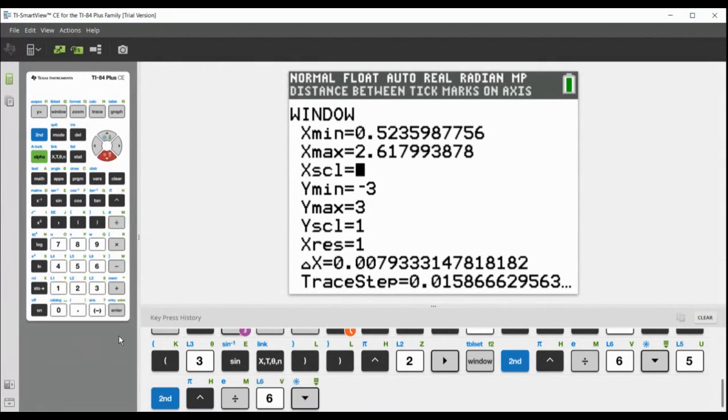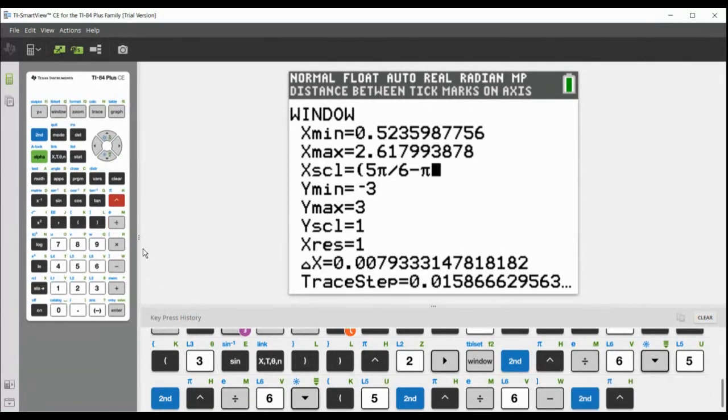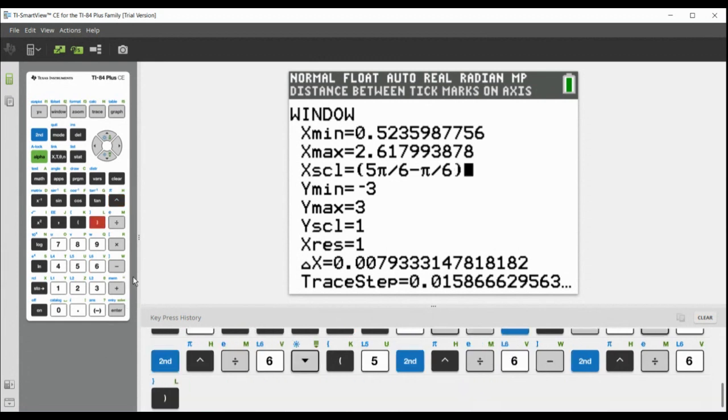And for the scale, I'll use 5 pi over 6 minus pi over 6, and I'll divide that by 4.